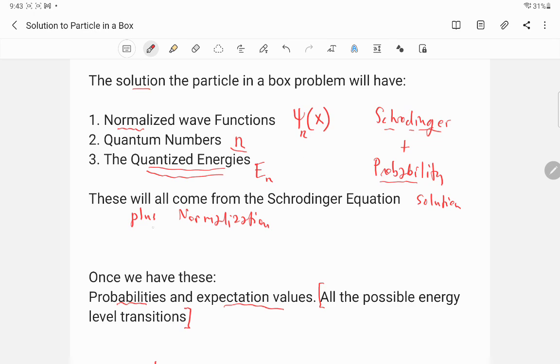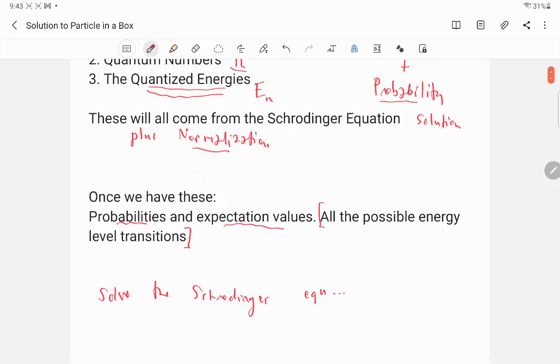After we did all this, including the normalization, now we can do other things with the wave functions, which, if you're in my class, you would have learned about actually first. You would have learned that you could study Heisenberg's uncertainty principle and standard deviations as the uncertainties, which are themselves expectation values.